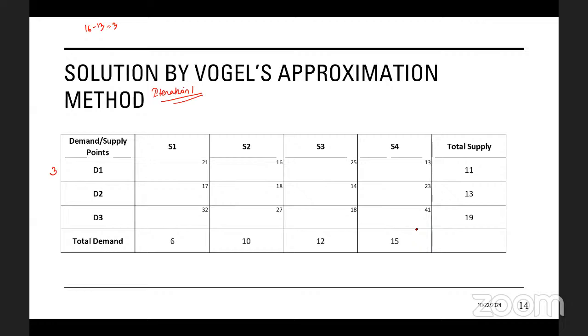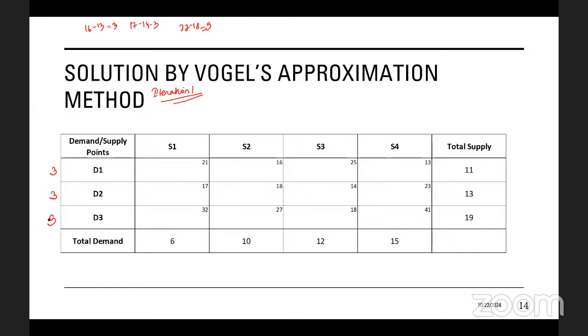Similarly, in the next row, the least cost cell is 14 and the next least cost cell is 17. So it would be 17 minus 14, 3. In the third row, the least cost cell is 18 and the second least cost cell is 27. So it would be 27 minus 18, which is 9.